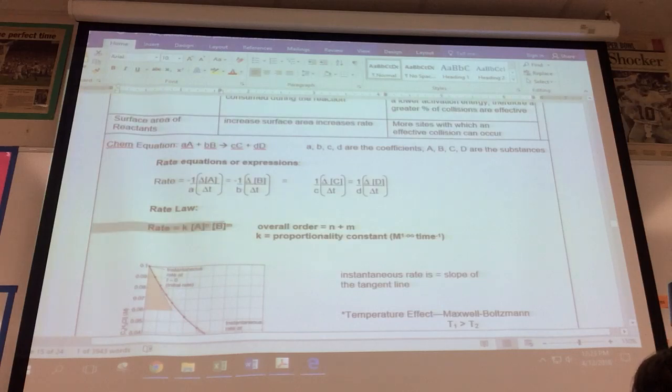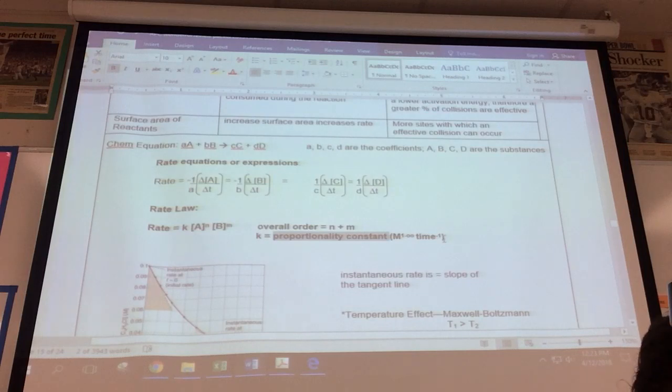Rate laws have only concentrations of reactants only, and they are raised to some power n, m, maybe l. The overall order is the sum of the exponents, and remember the units for your proportionality constant, k, that is lowercase k, that is M, that is molarity, to the 1 minus overall order, times time to the -1.